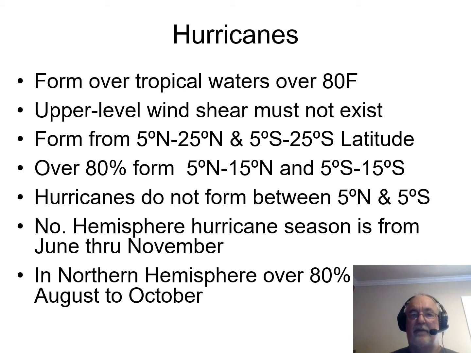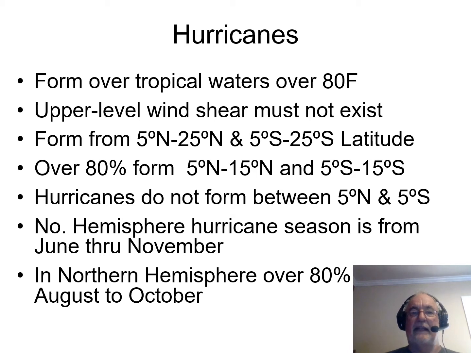Another component we need is for the air to spin. So we have to have enough Coriolis force to allow a storm to spin. So you'll notice here, we don't get any hurricanes forming from 5 degrees north to 5 degrees south. So right around the equator, not enough Coriolis force, and therefore no hurricanes. Now, the warmer the water, the greater the chance of a hurricane forming.